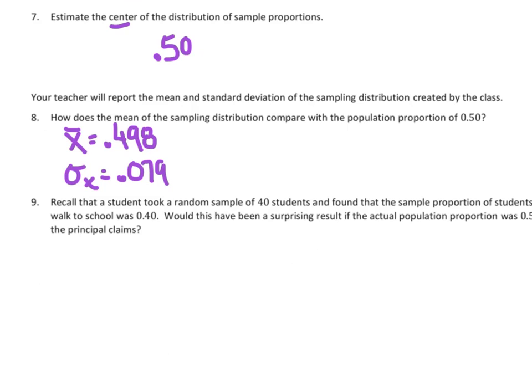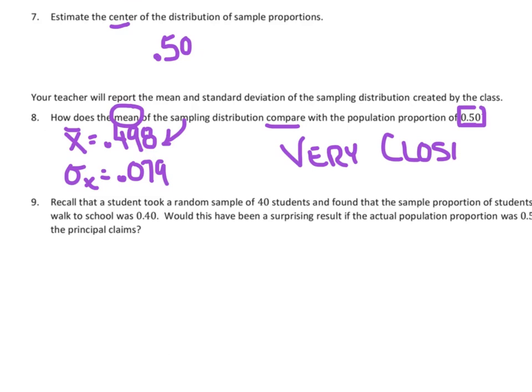They want to know, how does the mean of our sampling distribution, which is this rascal right here, compare with the population proportion of 0.5, which is what we're expecting? Again, we're assuming that the principal was correct, and we're assuming that the population proportion is 0.5, and we're going to say they are very, very close, which is great.